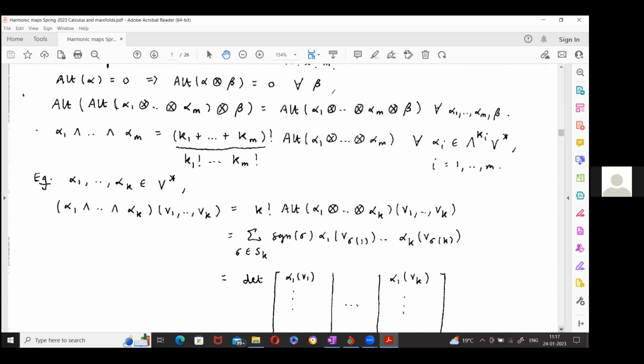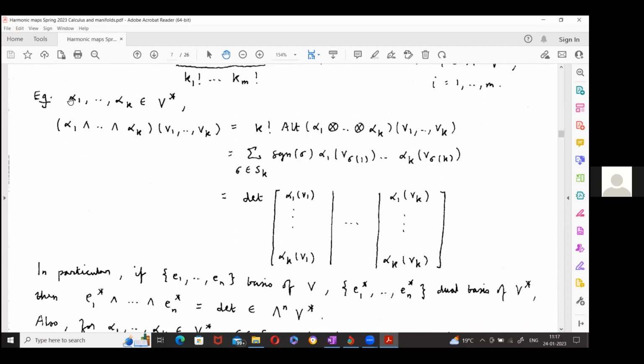So now, if I take, let's say, one forms, what happens? So suppose alpha 1 to alpha K are one forms. So that means they're just linear functionals, so elements of V star. So then alpha 1 wedge up to alpha K will be a K form, right? So what is this K form acting on vectors V1 to Vk?